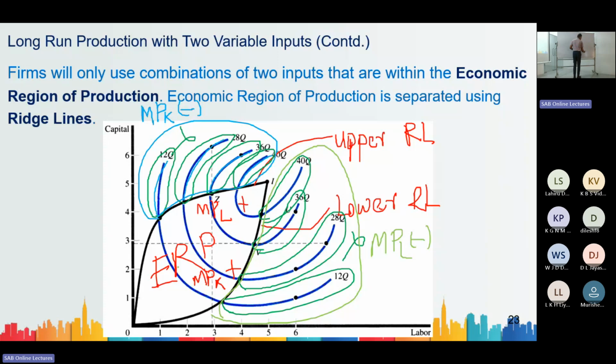Then how to draw the ridge lines? The next question is how to draw the ridge lines.